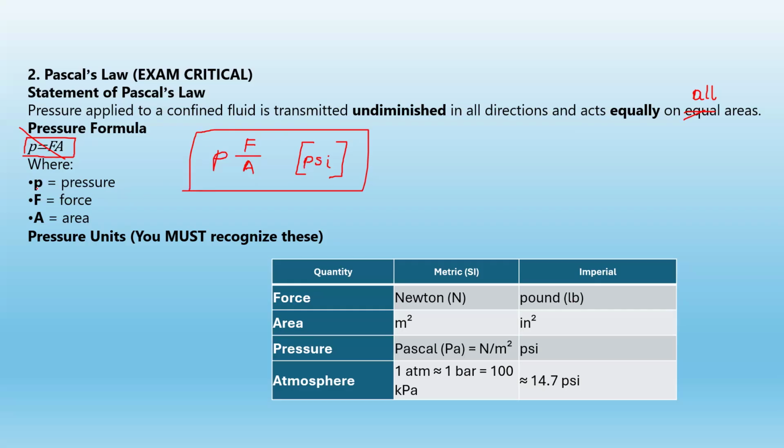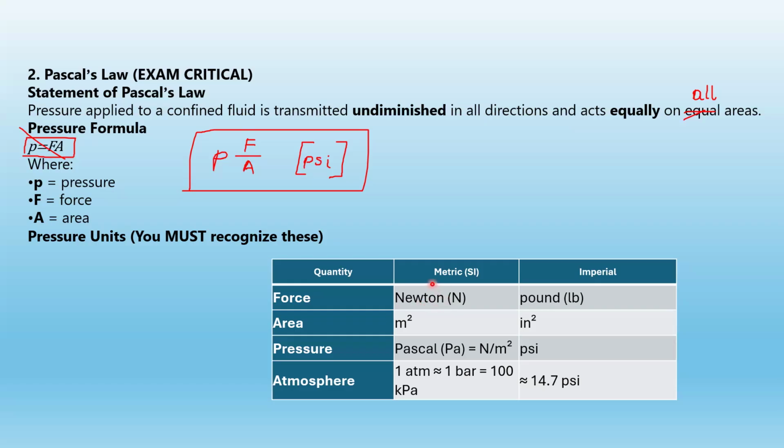Where p, and usually pressure we designate with a small p, because quite often the capital P is reserved for power. F is the force, A is the area, and here are the units of measurement.